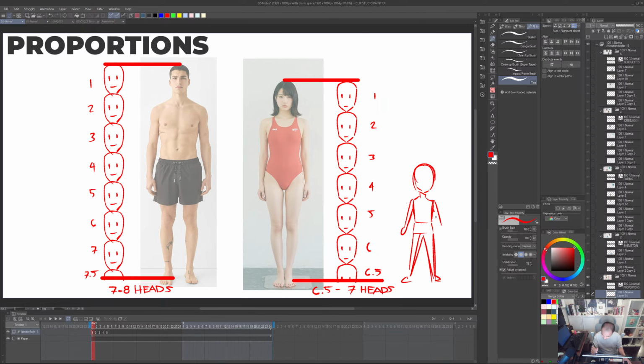This kid would have some sort of 1, 2, 3, 4 heads total. So that's one thing you have to remember: 4 head size.